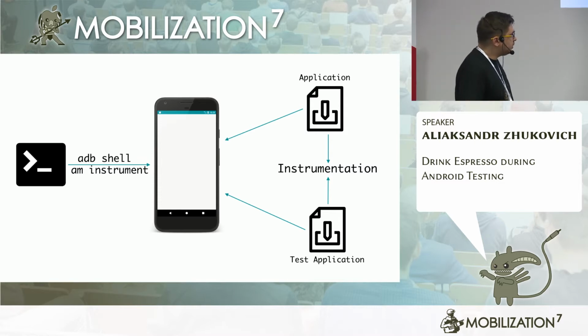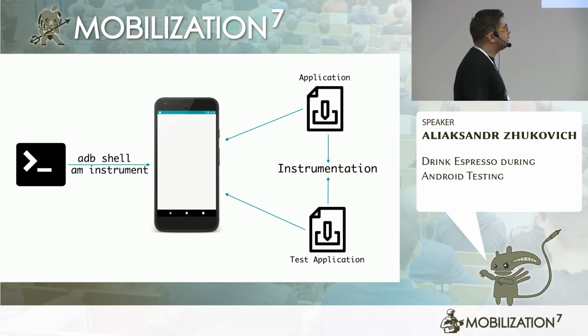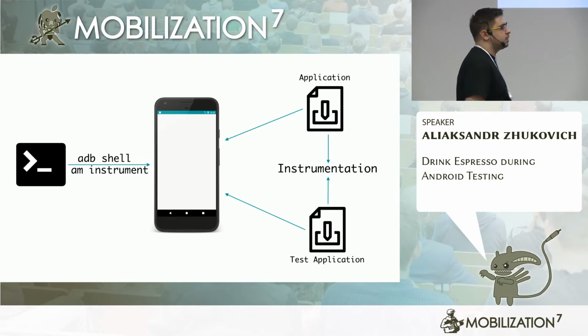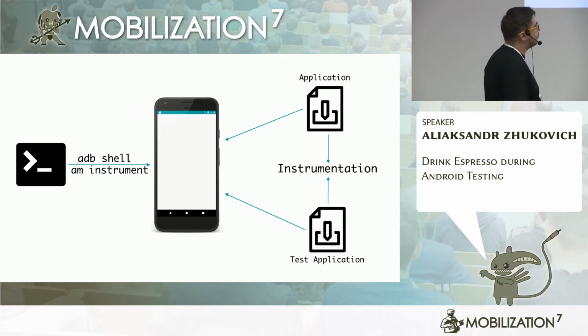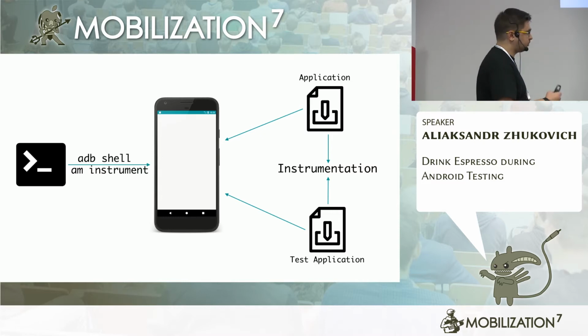Android JUnit Runner interacts with the Instrumentation API, which is part of the Android framework and Android system, and interacts with our main application. The main thing is that these 2 applications run in the same process, but always in different threads, and it allows our test application to interact with our main application.